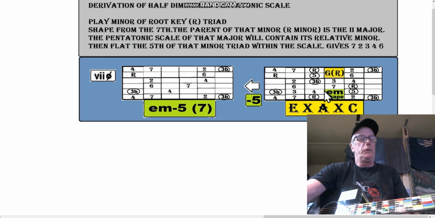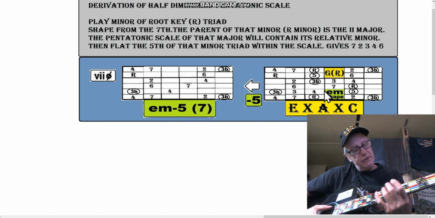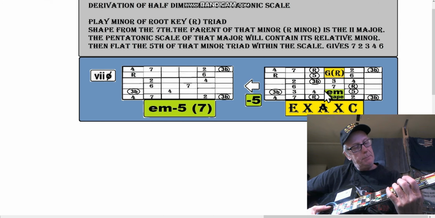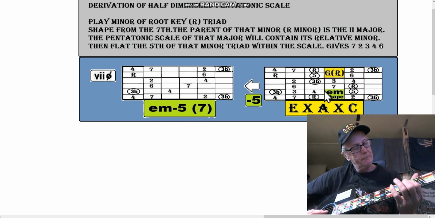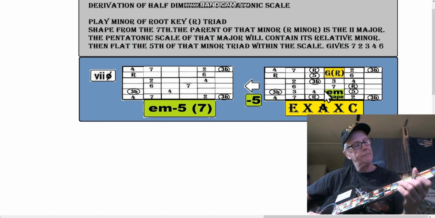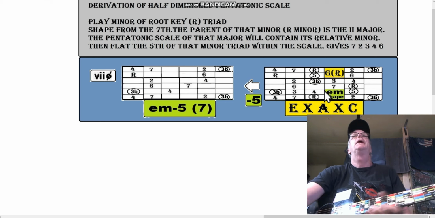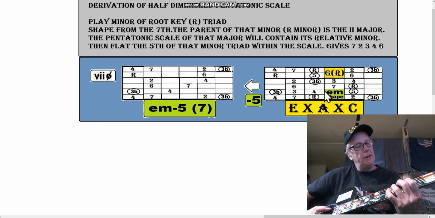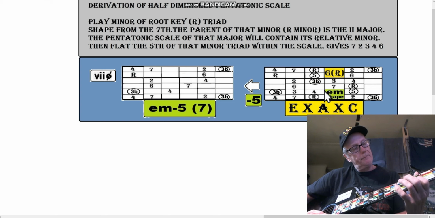So anyway, we've made the C shape from the B. Starting with the F sharp, I wanted to hit that G. So that's the major. Now we're going to do it minor, rather, like that.